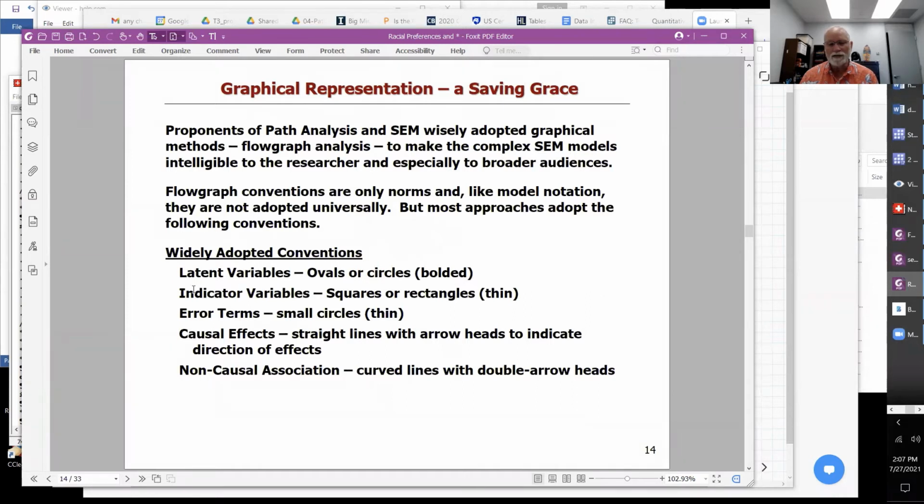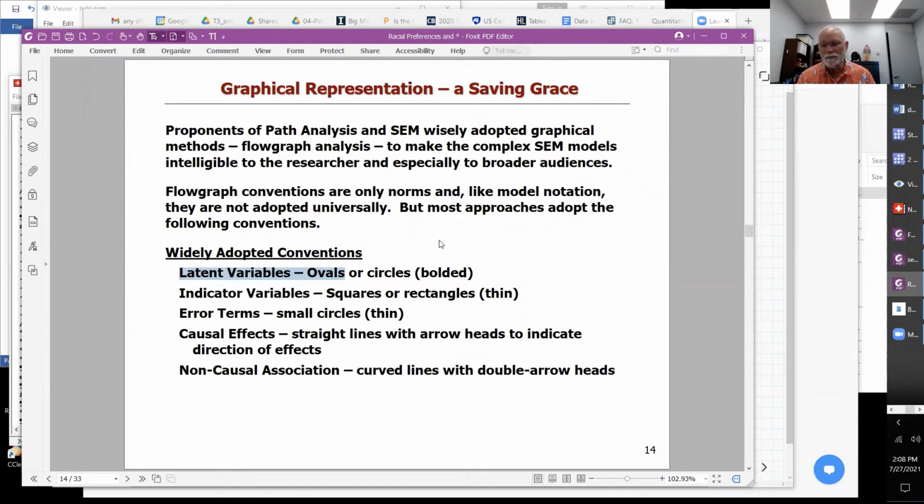So there are conventions here which make the graph intelligible. These conventions emerged through the habits of researchers and methodologists. If you go back, especially in the literature, you'll see conventions emerge over time, and some early presentations don't follow contemporary conventions.